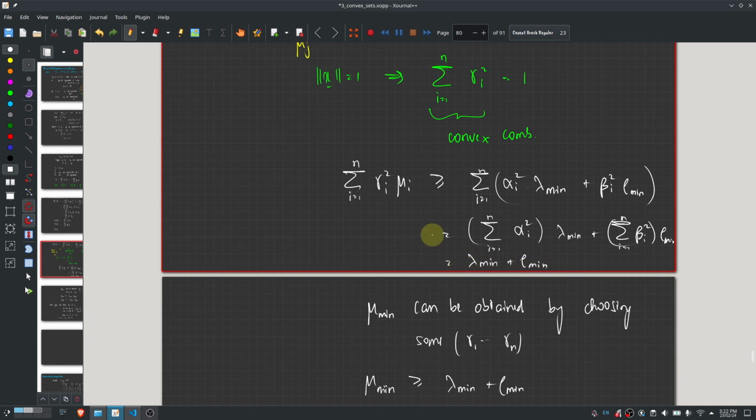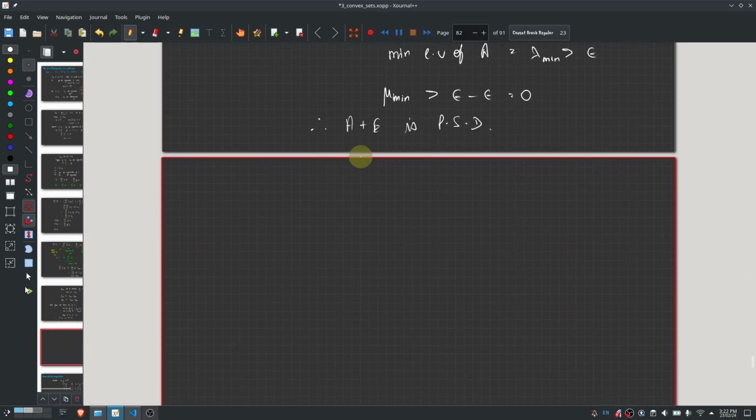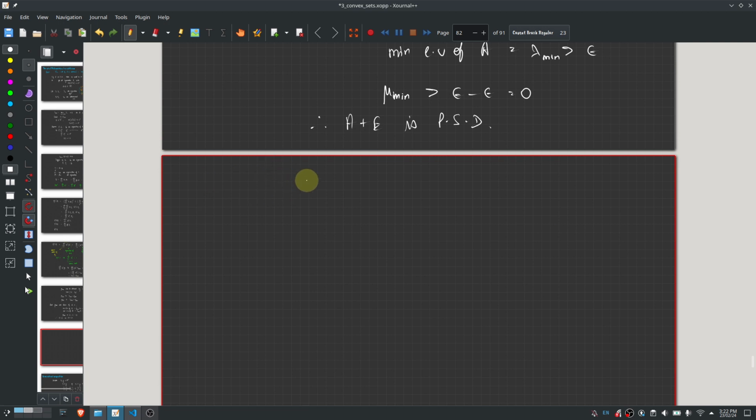So let me choose a specific gamma 1 through gamma n, where gamma 1 is equal to 0, gamma 2 equal to 0, all are equal to 0 except gamma n, which is equal to 1. Okay, so just to write that out. So we know that summation i equal to 1 to n, gamma i square mu i is greater than or equal to lambda min plus rho min.